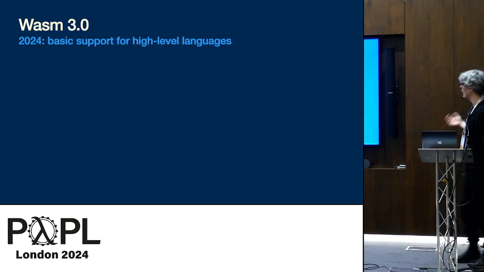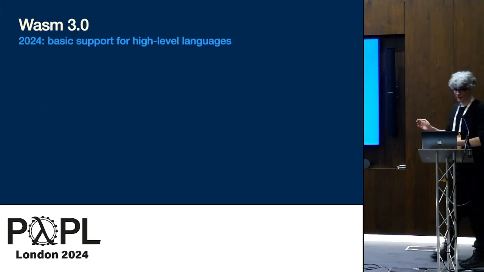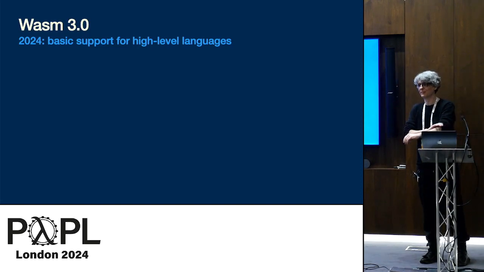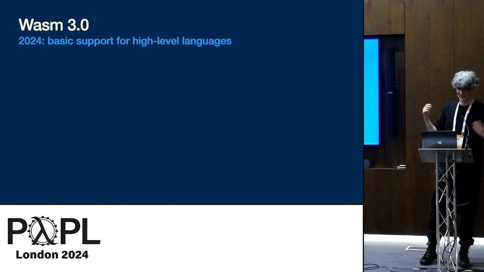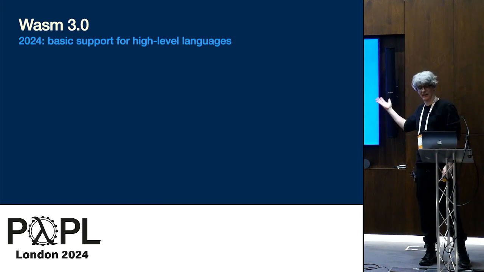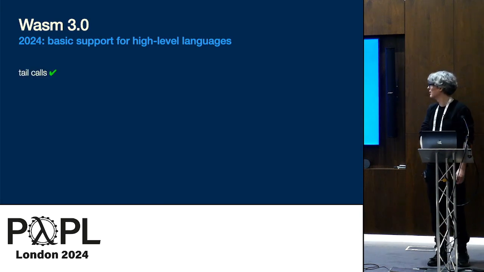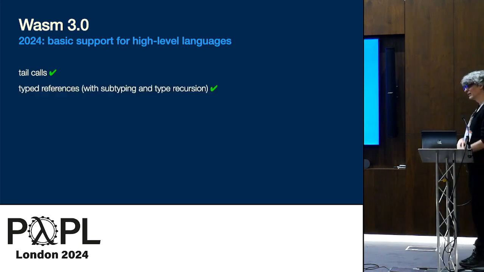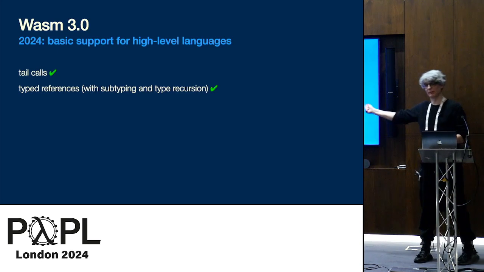Okay, but what we have been working really towards is what I just phrase as WASM 3.0 here. There is no real version number yet, but it's a nice way to phrase it. That is starting to add more interesting features in terms of support for high-level languages, right? So what do I mean by that? The first one is tail calls. The next one is taking the story with reference types further.